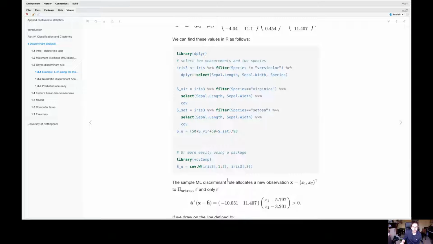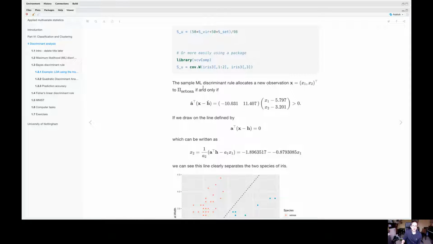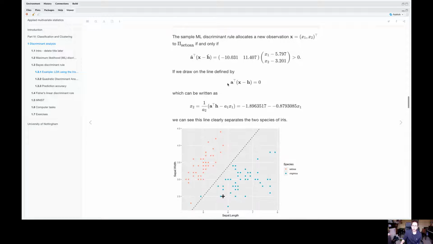So our sample maximum likelihood discriminator rule is going to allocate a new observation X to the Setosa population if and only if A transpose (X minus H) is bigger than 0. So if we draw this line on the data, if we find the line where A transpose (X minus H) equals 0, that's the point where we flick from classifying Setosa to Virginica.